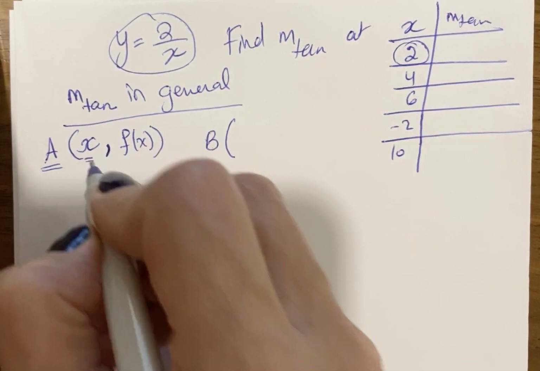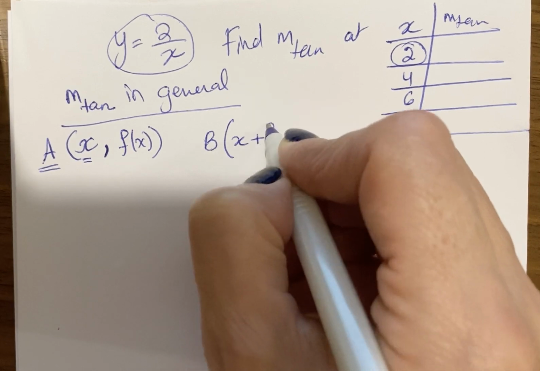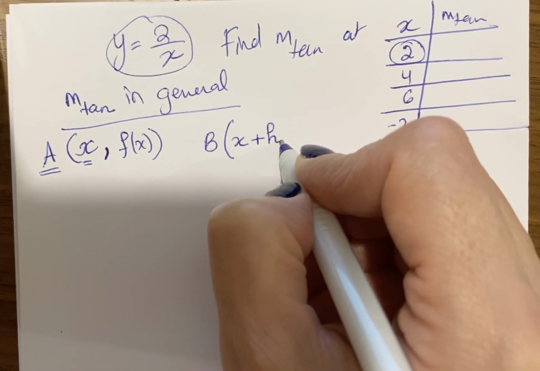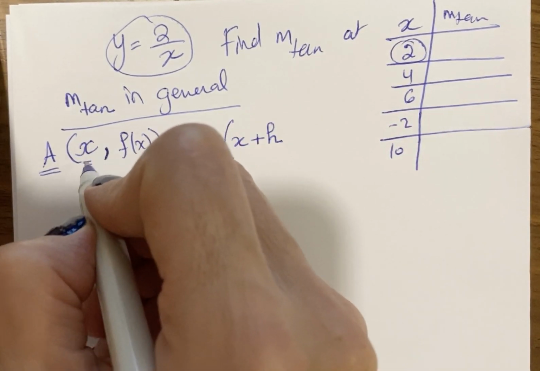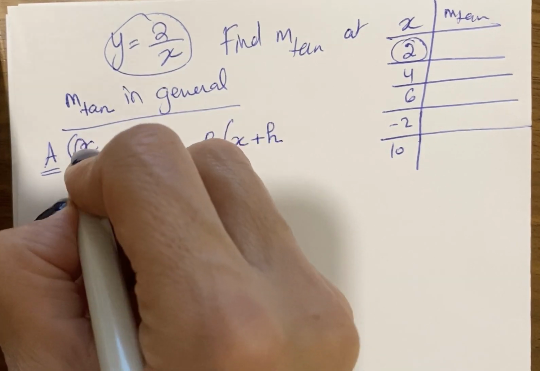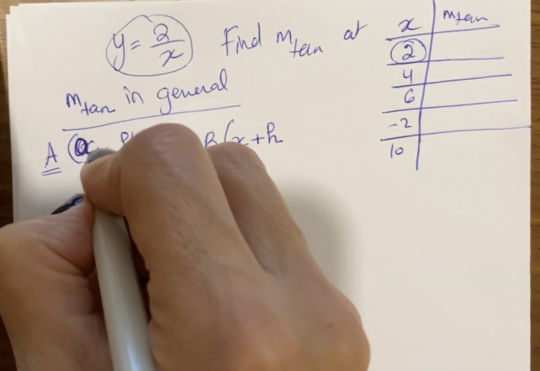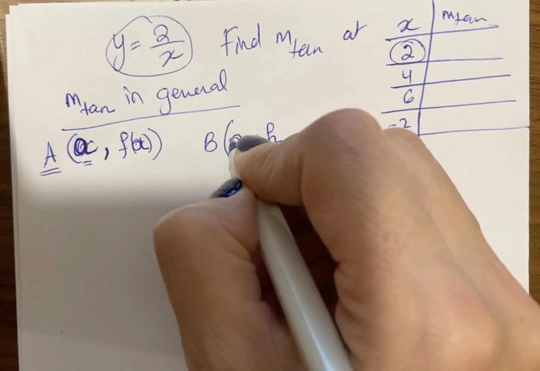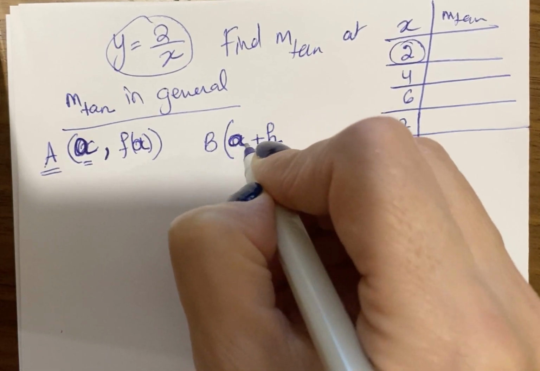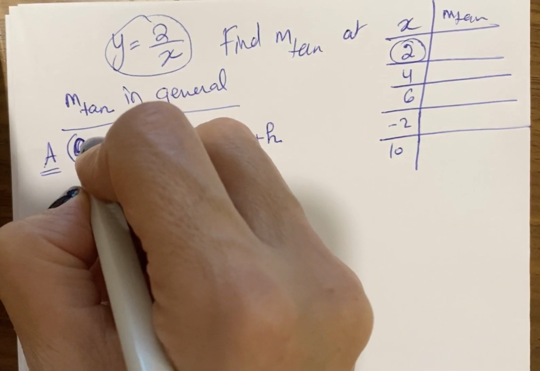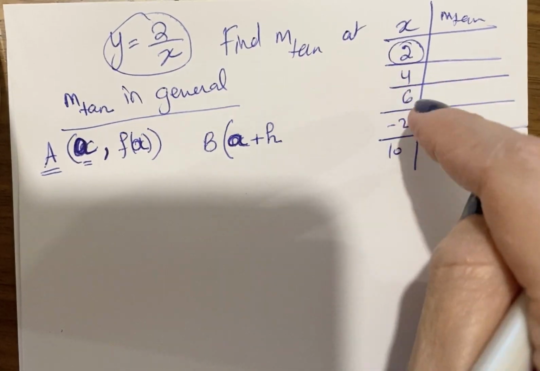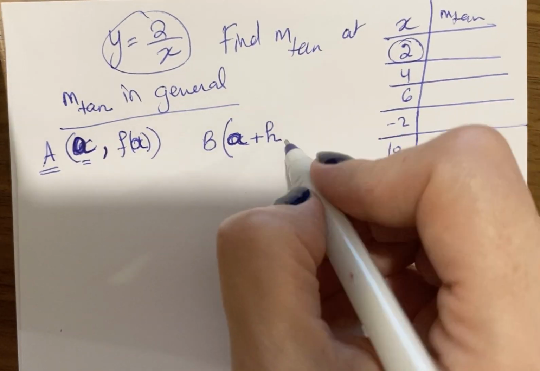B has to approach A, so it will have an x coordinate that is x plus h. Or if x confuses you, call it a. Then this is f of a, this is a plus h. Any number you want, now call it a, just in general. I don't want to put any number in particular. I'm just calling it a.